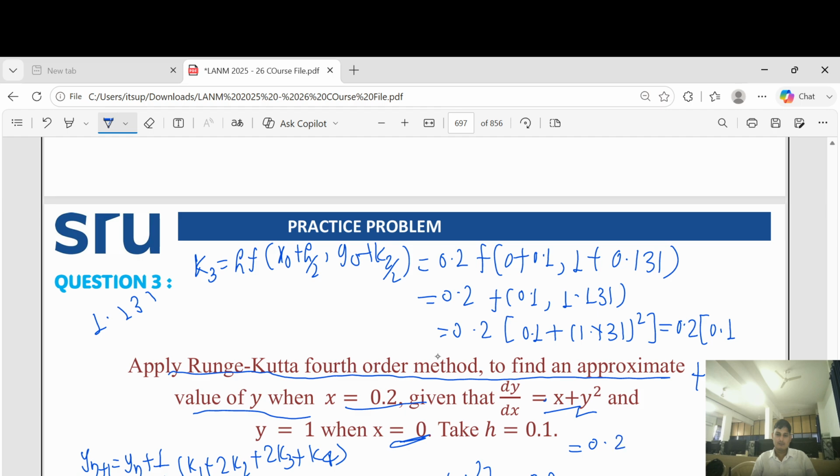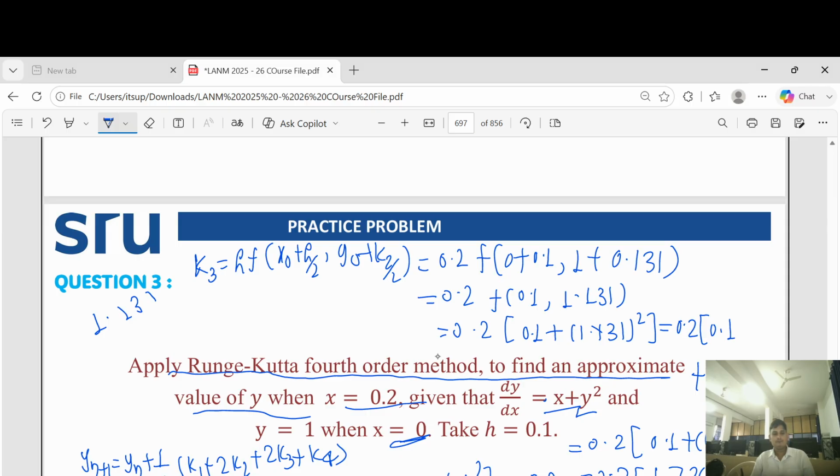So this becomes 0.2 times 0.1 plus 1.2791, which gives 1.7... we multiply by 0.2, and this becomes 0.3472. So this is the value of k3.